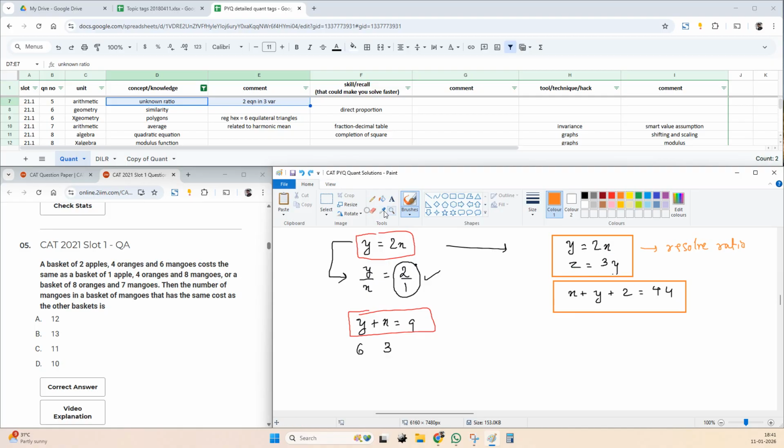I messed up the final ratio. If I put 6, I'll have 2. If I put 2, I'll have 1. So I have 6 is to 2 is to 1, right? If I have 45, I would find the 6 is to 2 is to 1 first, and then say 9 parts is 45, and then find the values of x, y, z.